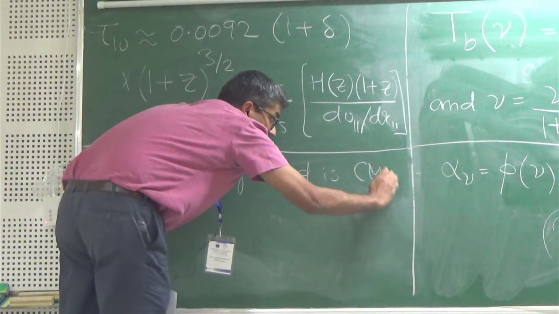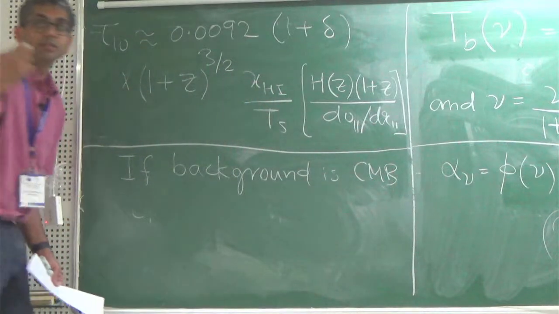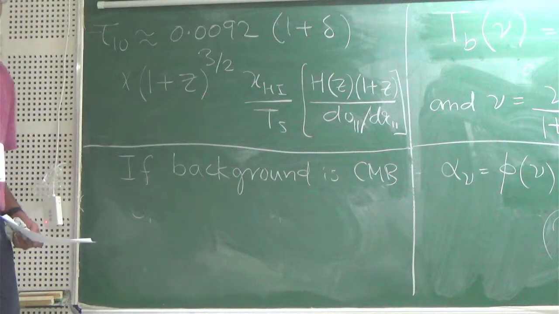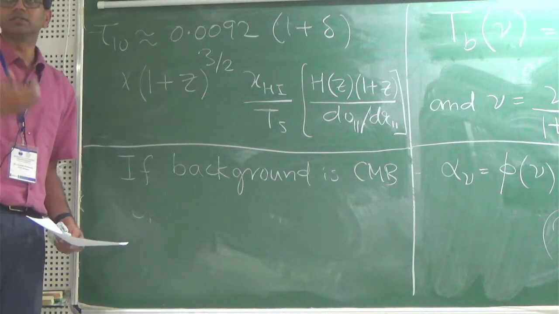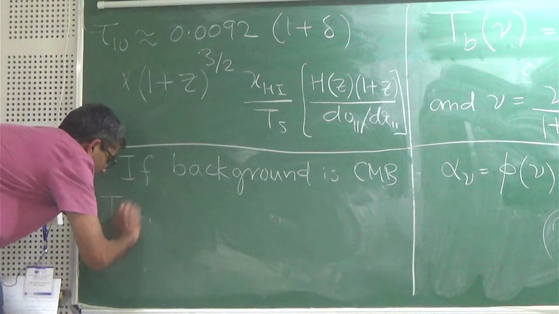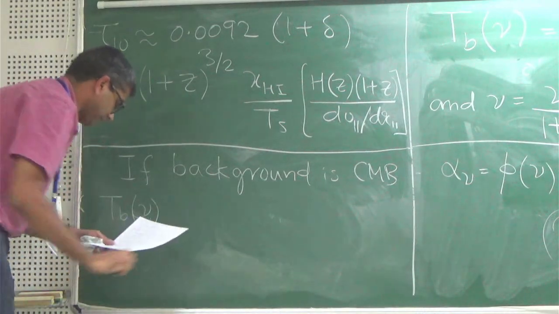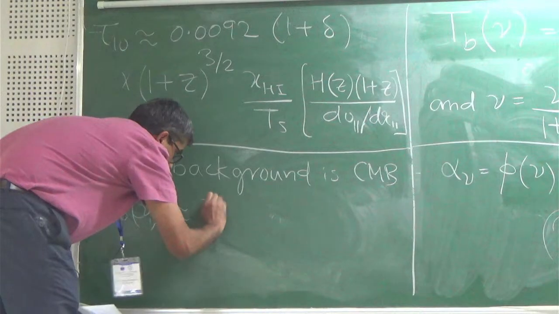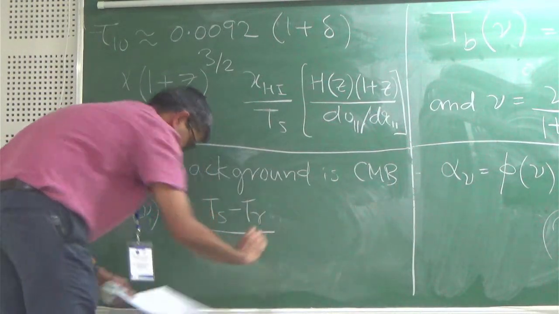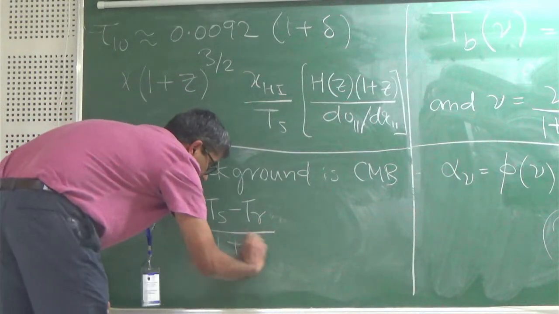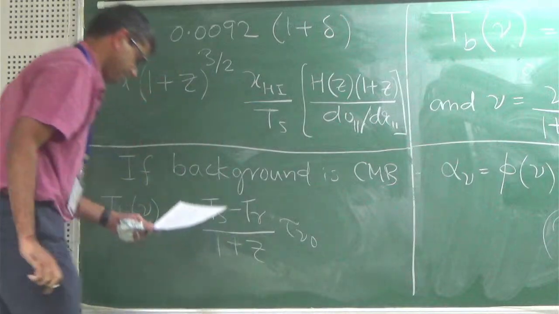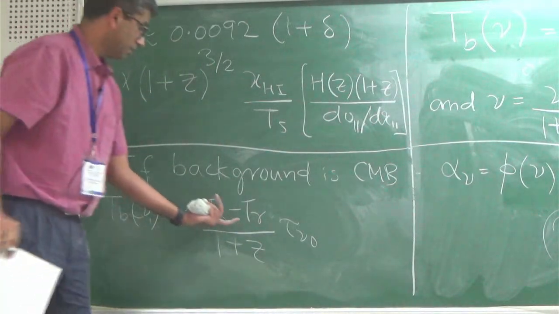If the background is the CMB, then I can just plug the CMB temperature into my radiative transfer equation. So it's the CMB intensity that will get attenuated, and then I can write my observable as simply this.